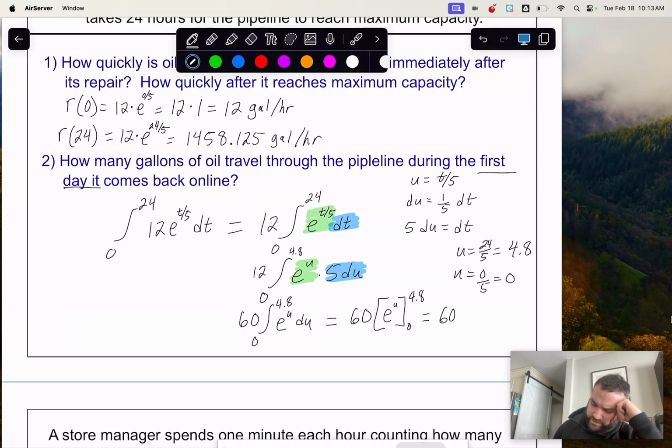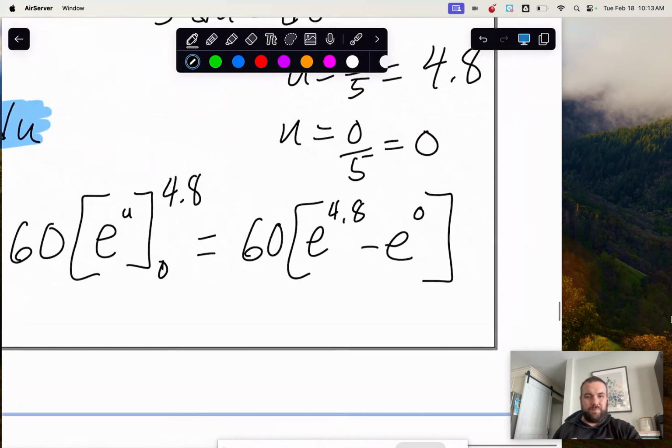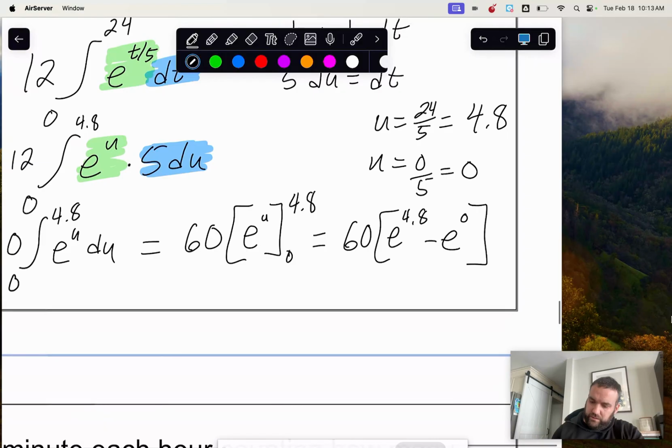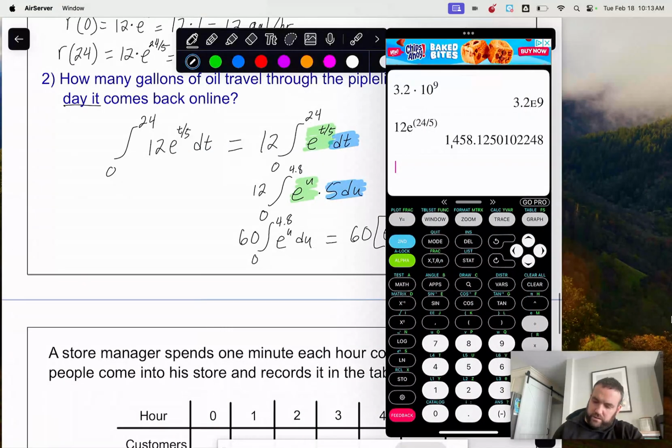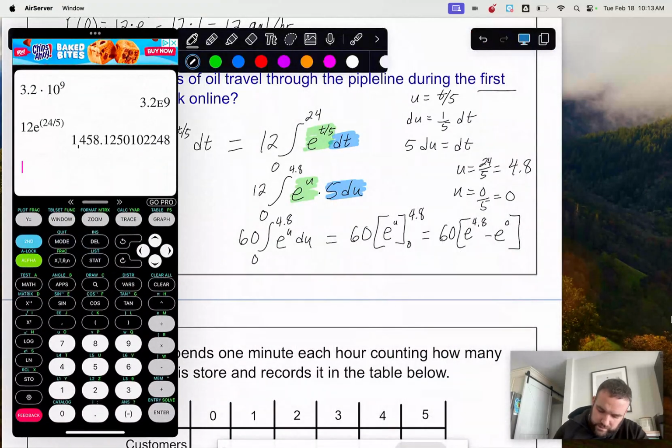And this ends up with 60 times e to the 4.8 minus e to the 0, which isn't 0, it's 1, so we need to have that in there. And then I'm just going to go ahead and plug that value into the calculator. So let's bring the calculator back, send it over here. I got 60 times e to the 4.8 minus 1.